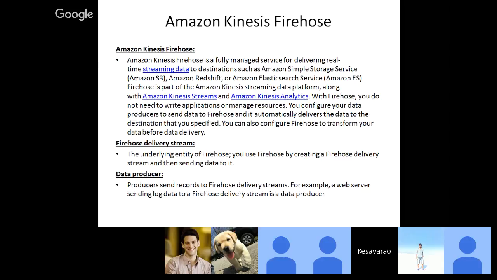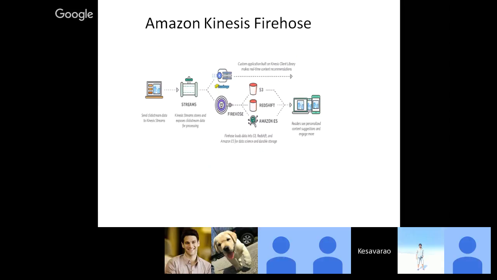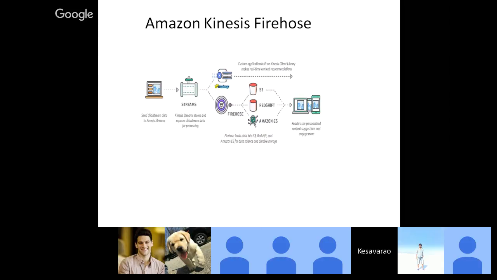Okay, so make sure you understand the difference here. This is where I can show this picture, which is a very good explanation in simple representation. Let's say you're getting the clickstream data. This is the one we looked at yesterday, Kinesis streams, where you are storing data and exposing clickstream data for processing separately.